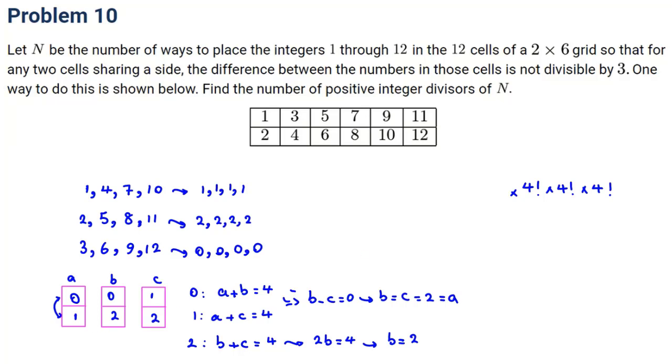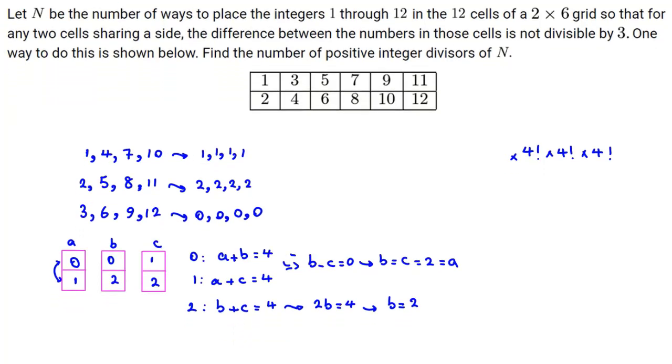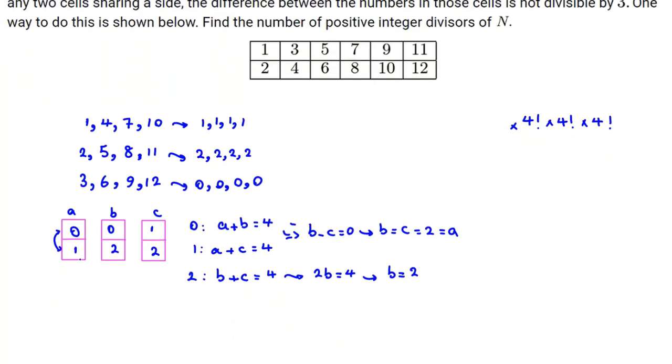Okay. Now, look, each of these two types have one thing in common. For example, A and B, this type, 0 is in common. The first one and last one, 1 is in common. Second one and last one, 2 is in common.